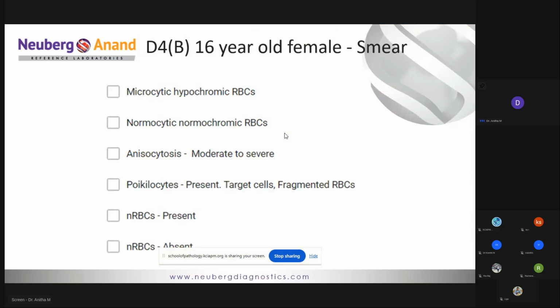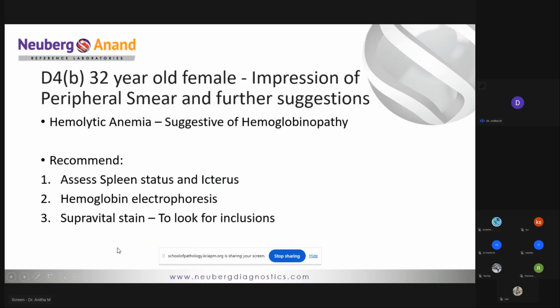So in this particular case, we wanted you to consider they're all microcytic hypochromic RBCs, anisocytosis being up to severe grade, which was not there in the previous case, poikilocytes being there, and NRBCs absent.